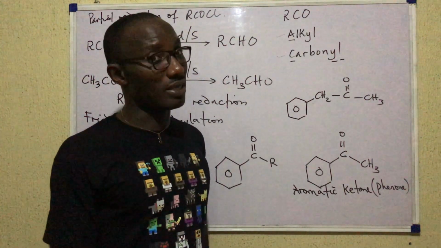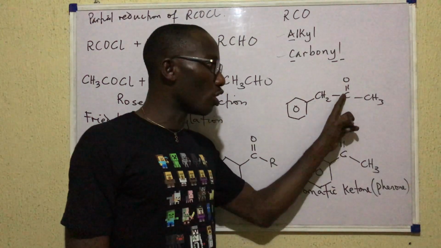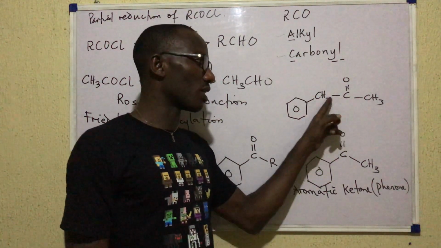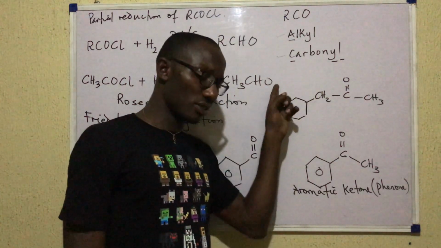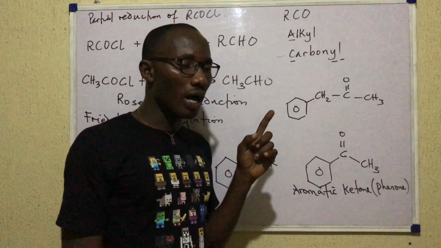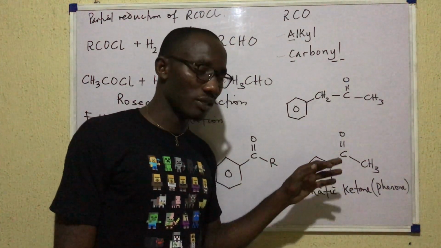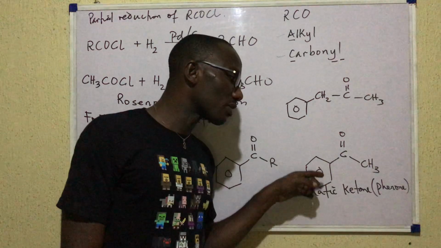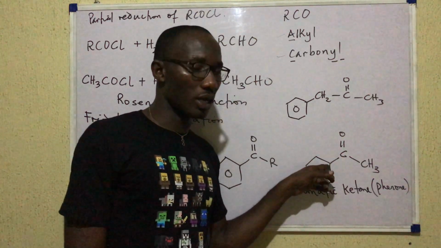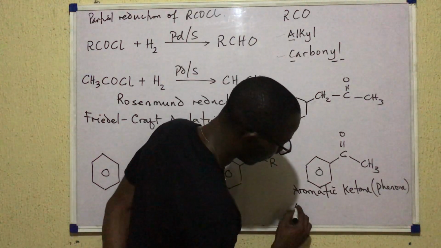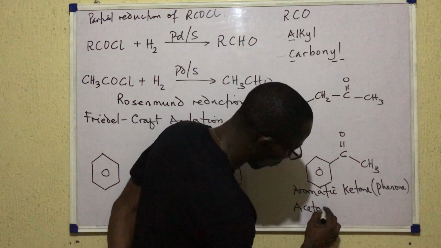It is not aromatic because the C double bond O is not directly attached to the ring. Instead, it's attached to a carbon atom that is attached to the ring. So for an aromatic ketone, the C double bond O, that's the carbonyl group now, must be directly attached to what now? The ring. This compound we are looking at is called acetophenone.